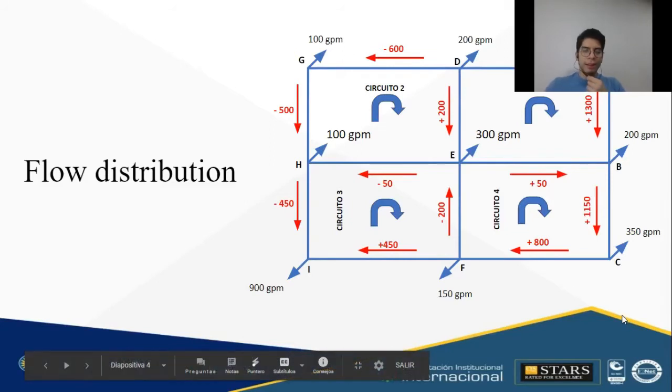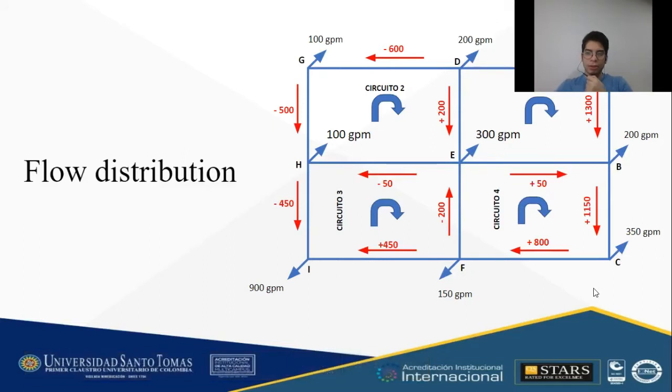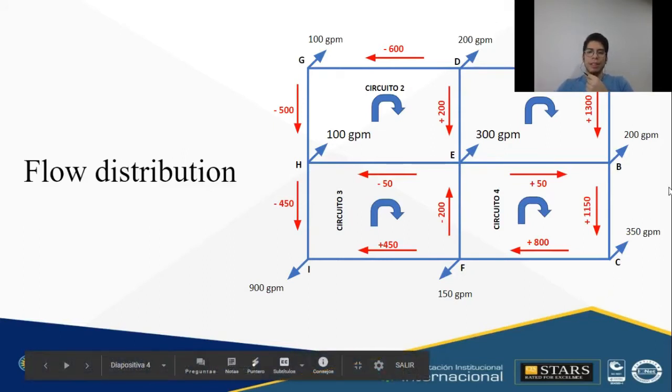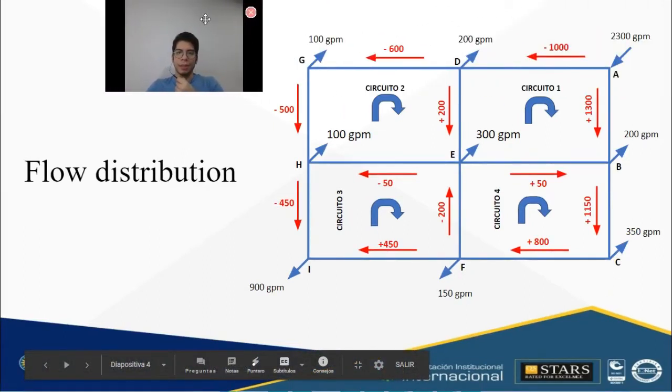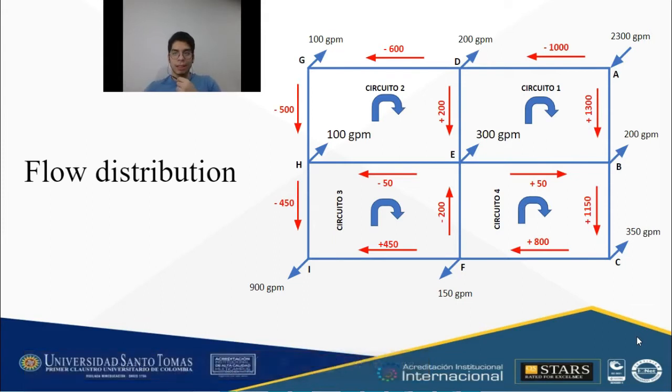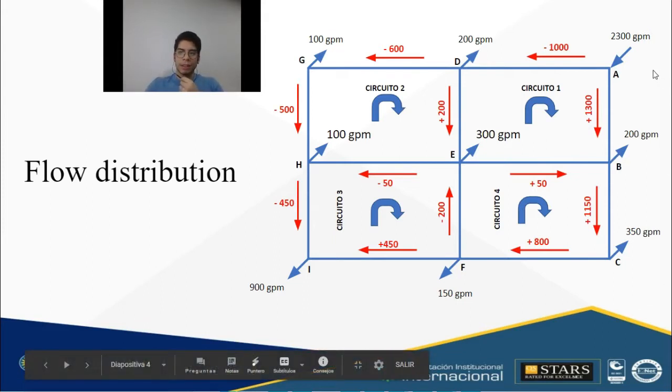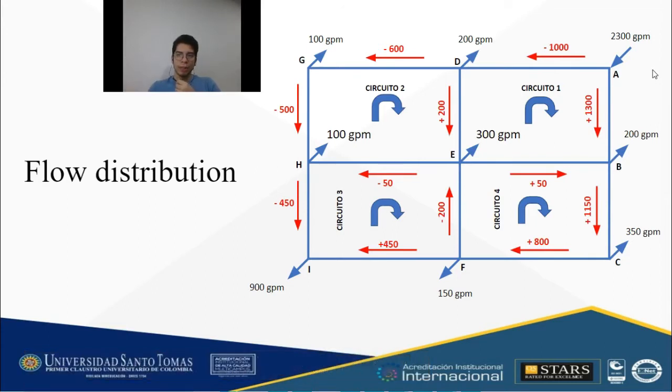Hello, my name is Sebastián Navarro and we are going to talk about the flow distribution. The flow distribution is, as we can see in the picture, all the distribution of the flow that we made. Some of these flows are divided into parts, represented by the red arrows or red lines.